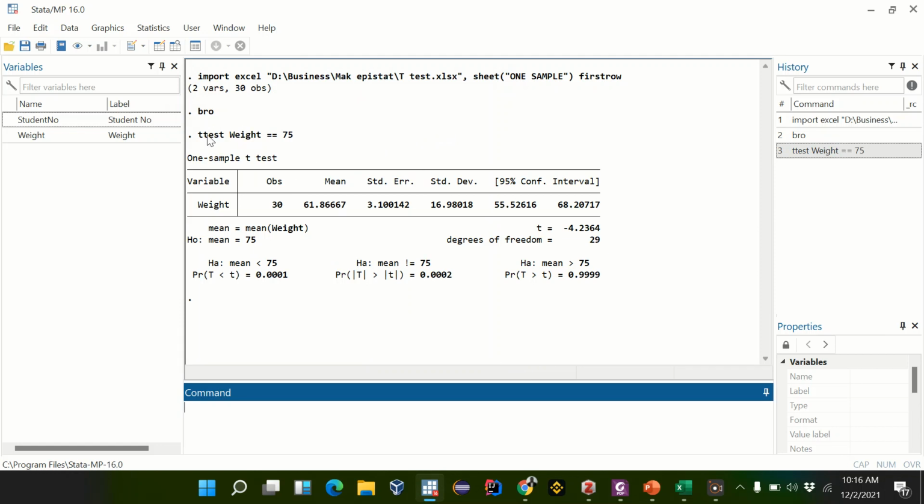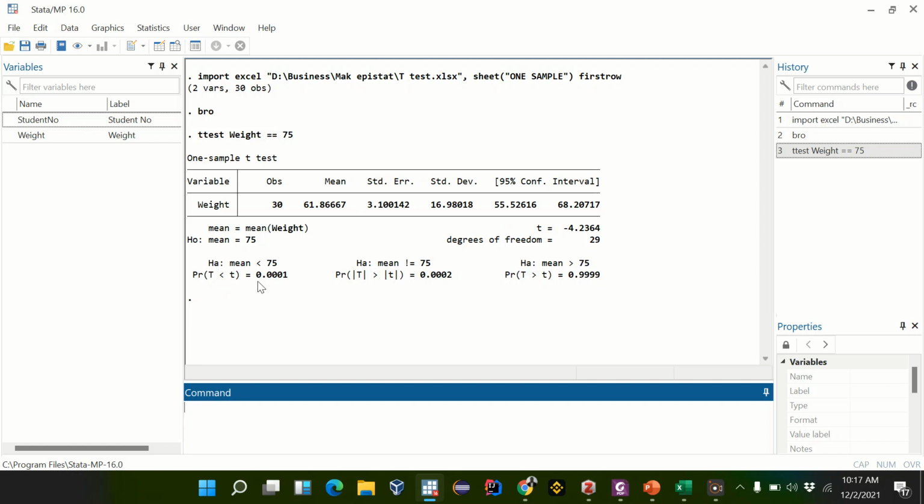So this is the output. We did a t-test on weight and the hypothesized mean is 75. There are 30 observations of students. The mean was 61.8667. Standard error is 3.1. Standard deviation is 16.9. And this is the confidence interval of the mean. So these are the hypotheses that we have here.